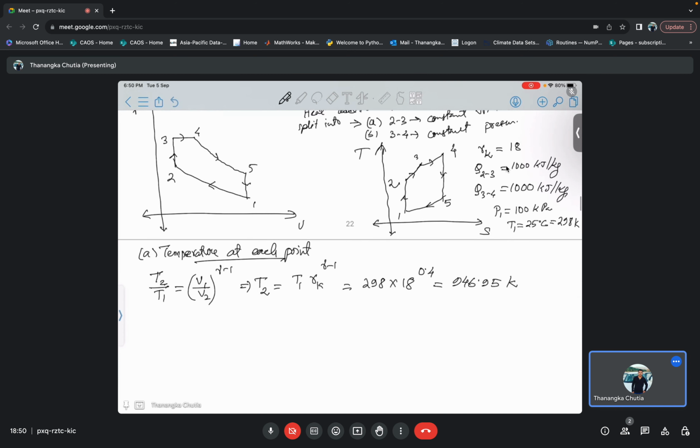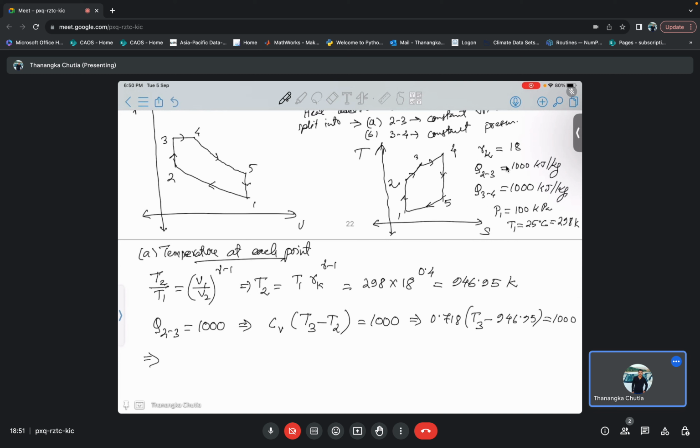Okay, now Q 2 to 3 is equal to 1000. This implies, since it is a constant volume process, CV times T3 minus T2 is equal to 1000. What is CV? CV is 0.718, T3 we don't know, minus T2, 946.95, is equal to 1000.